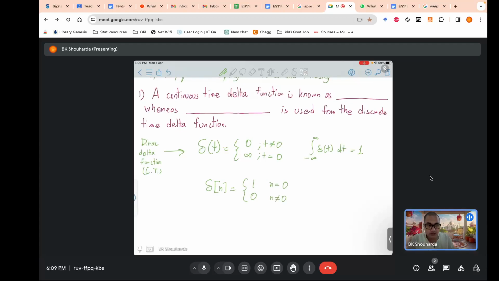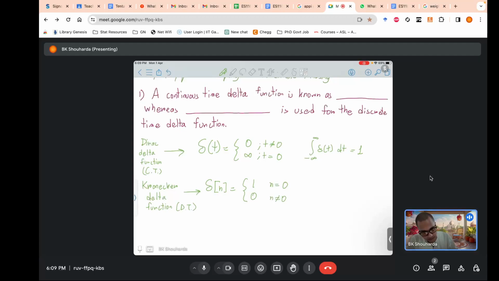Okay, so this discrete time delta function does not have any singularity. That means this function does not go up to infinity or does not become undefined at any instant of the discrete time index n. And this is actually called the Kronecker delta function, which is in discrete time.